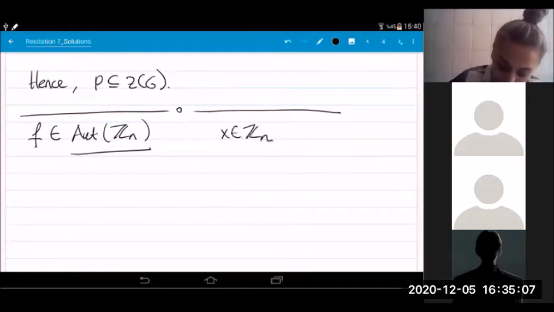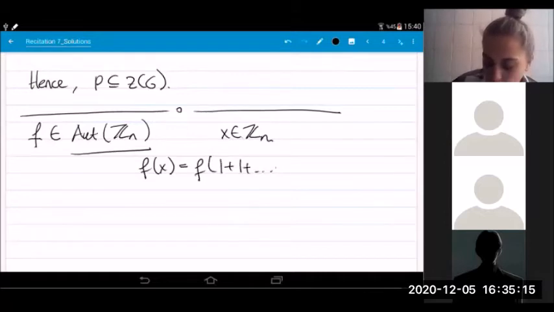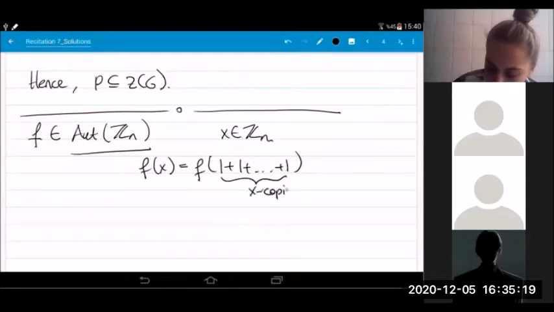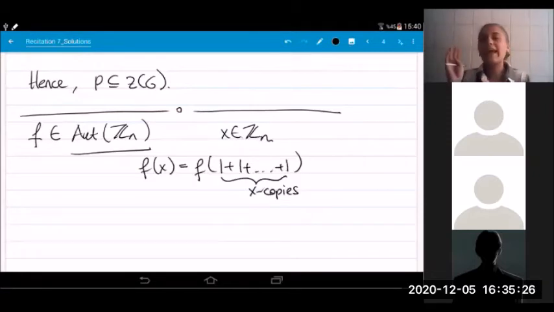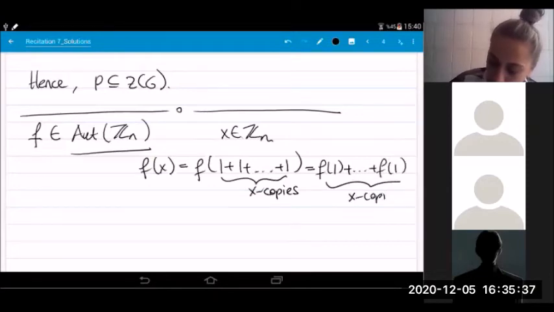Then if you look at the image of X, since we are in an additive group, you can write X as a sum of ones, X copies. And since this is a homomorphism, instead of this one, we can write f of 1 plus ... plus f of 1, and we have X copies again.